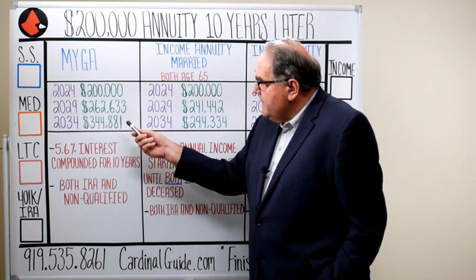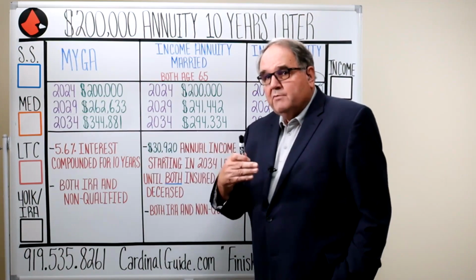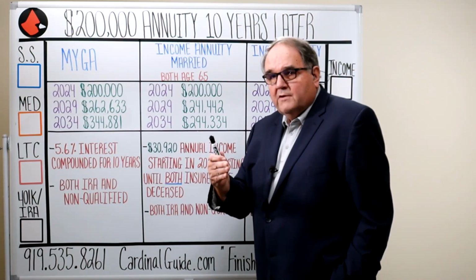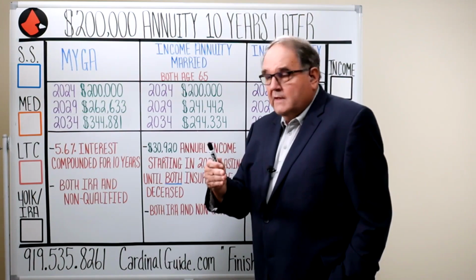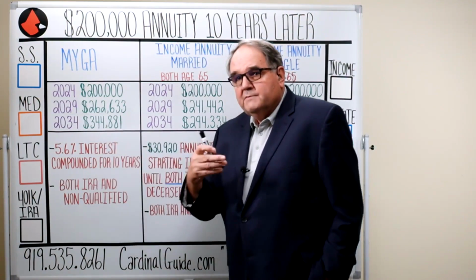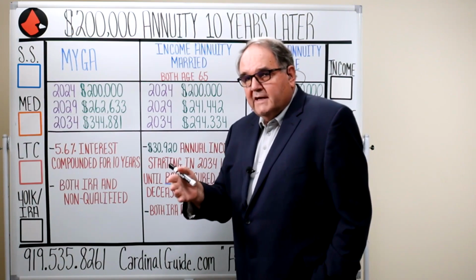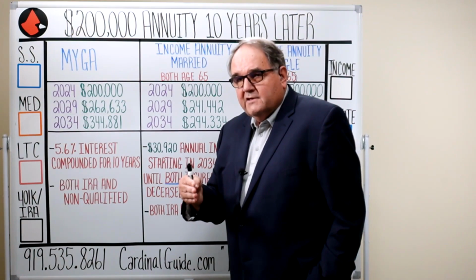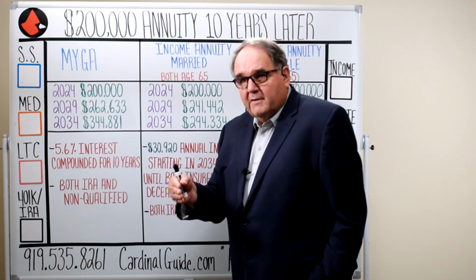So this is about the simplest, most straightforward annuity that we sell. And this one is a 10-year annuity, which means if you try to draw all the money out during the 10 years, you're going to pay a penalty for early surrender.